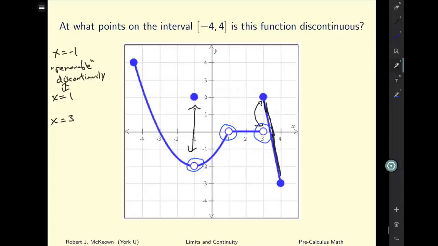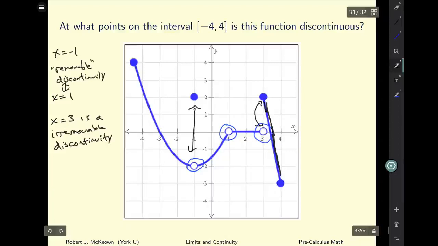And so x equals 3 is an irremovable discontinuity. It's not something that we could easily get rid of without changing the properties of the function itself.